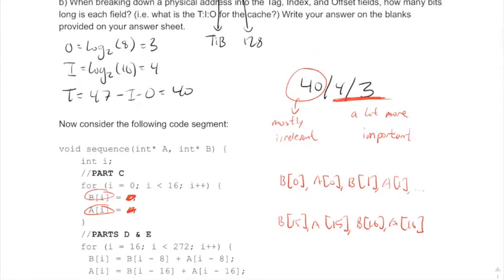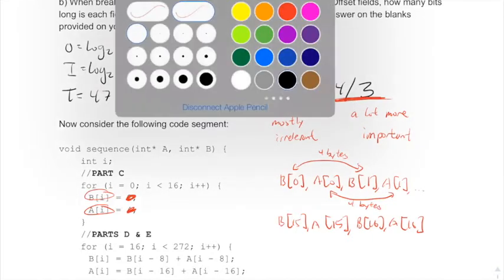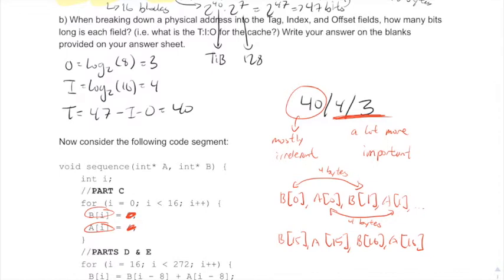The distance between B0 and B1 here is 4 bytes. And the distance between A0 and A1 here is also 4 bytes. If we recall, our block is 2 words.